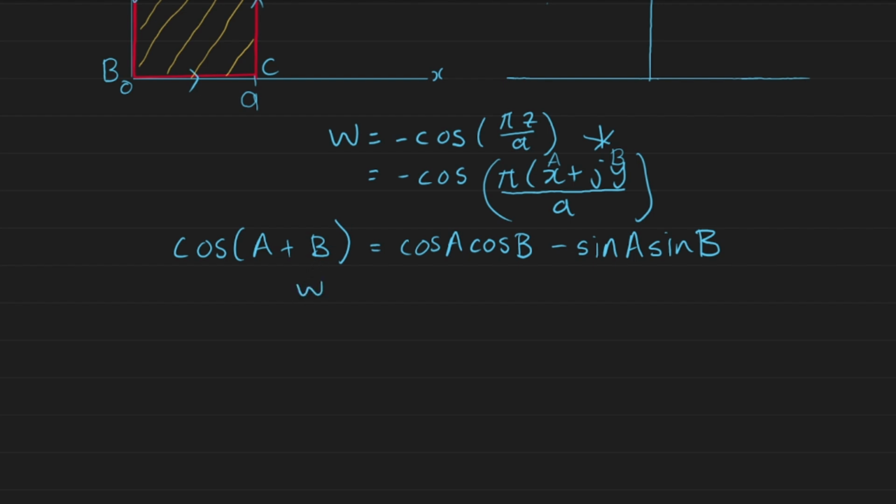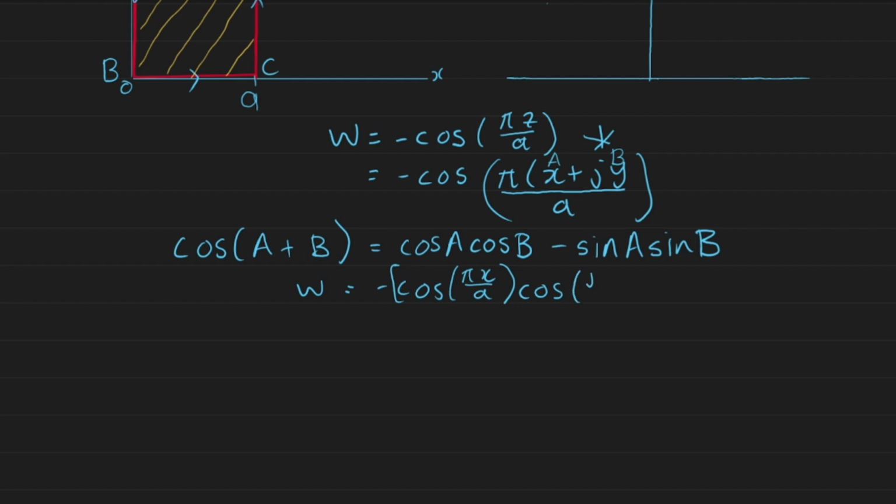So this means that w is equal to minus cos, firstly pi x over a, then cos of b, and b is j y over a times pi.